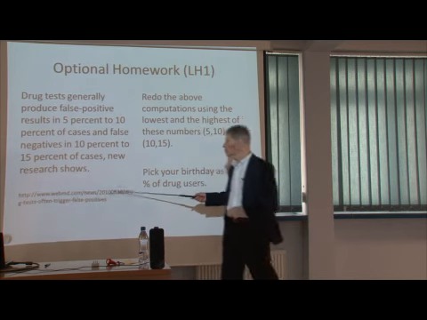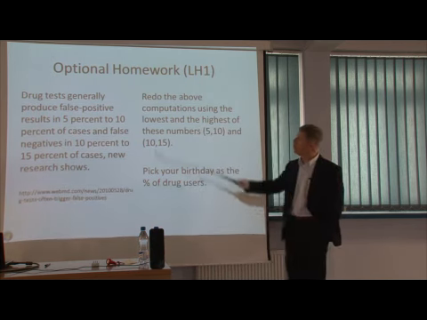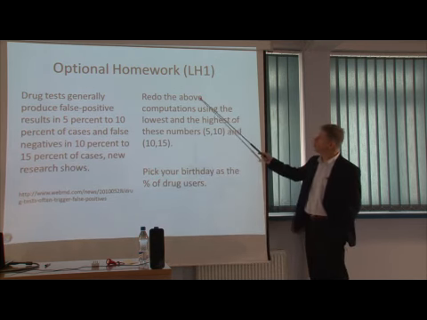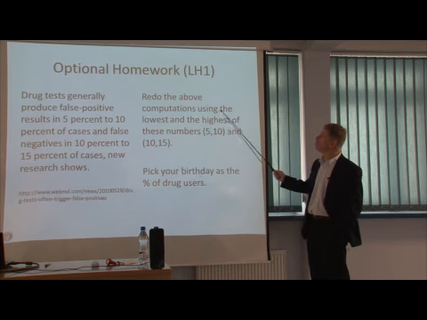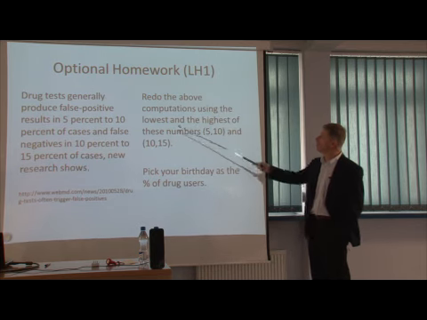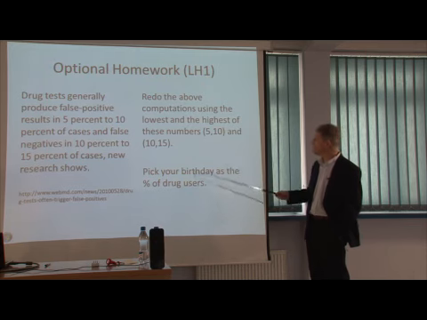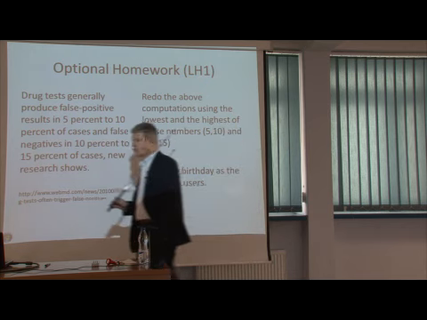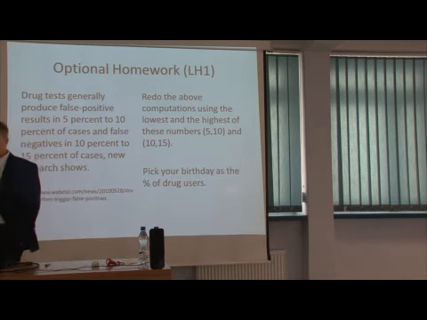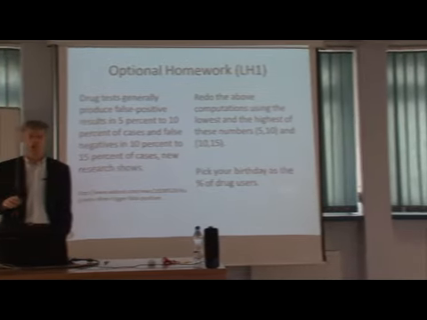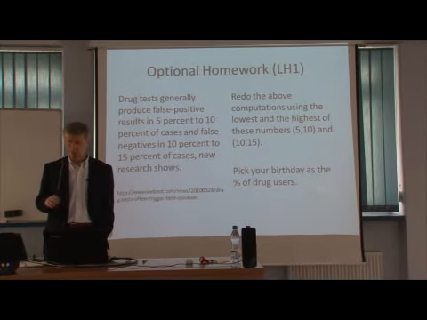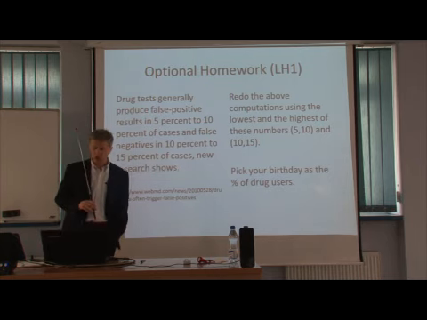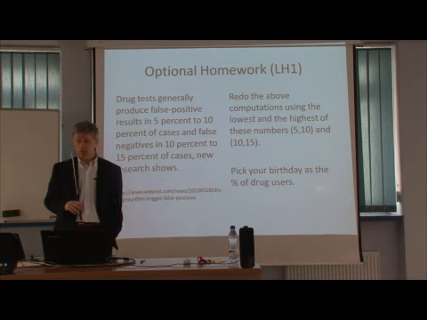You can find these in various places, but these particular numbers come from WebMD. So the homework is to redo the above computation using the lowest and highest of these numbers, that is 5 and 10%, and pick your birthday as the percentage of drug users. So if you were born on the 1st of December, you're going to put 1%. If you were born on the 31st of July, you can put 31.